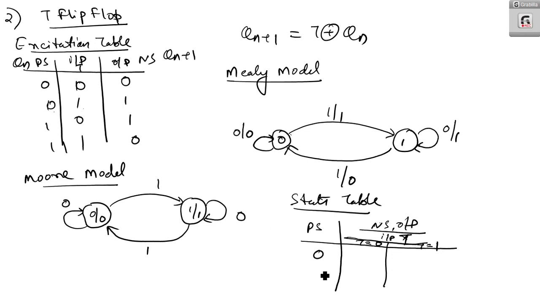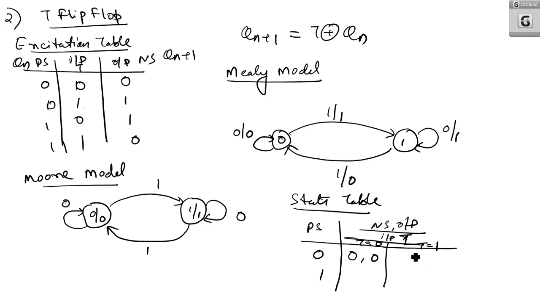So present state can be 0 and 1. If present state is 0 and T is equal to 0, what is the next state? Next state becomes 0 with output 0. Here present state is equal to 0, T is equal to 1.